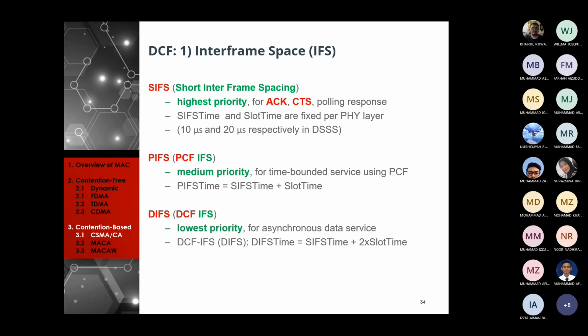Per 1000 millisecond, per juta adalah 1 bagi, kalau 1 microsecond maksudnya 1 bagi sejuta saat. Macam tu. 1 bagi sejuta saat. Okay.